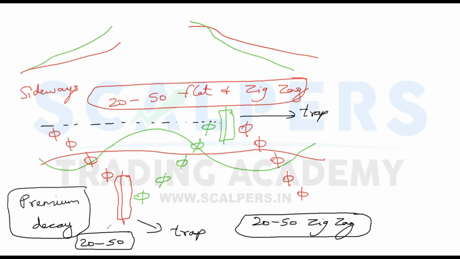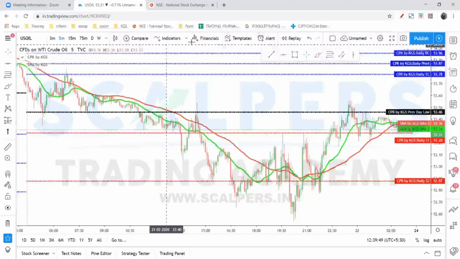So whenever 20 and 50 are flat and zigzag, you should not trade. It is a no trade zone. Clear? I will show you examples on charts.